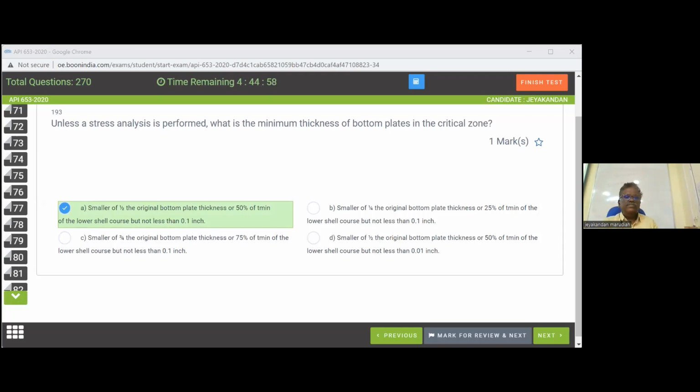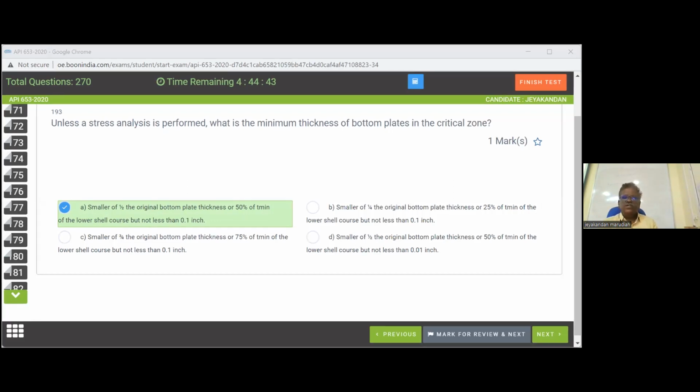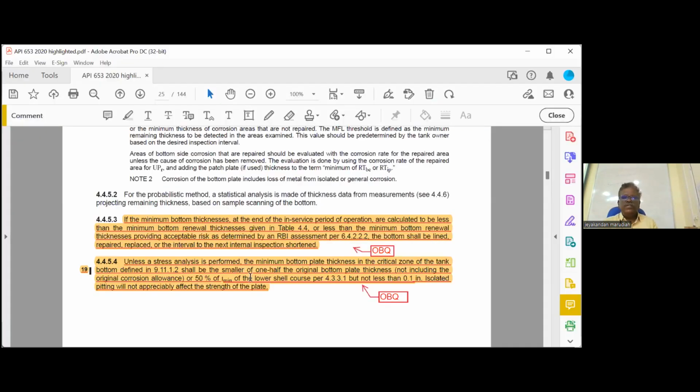Here 4.4.5.4. You can see, unless the minimum bottom plate in the critical zone is smaller of 1/2 of the original bottom plate or 50%, but it shall not be less than 0.1 inch.